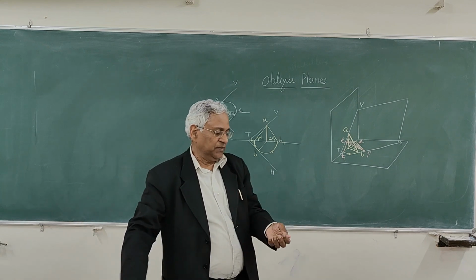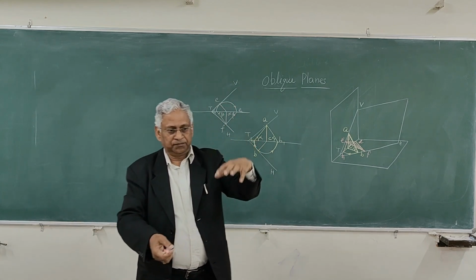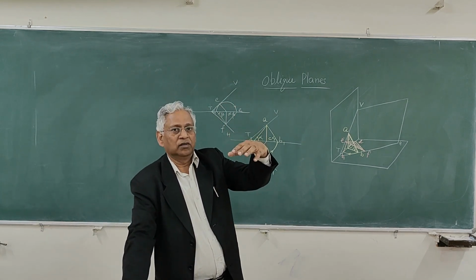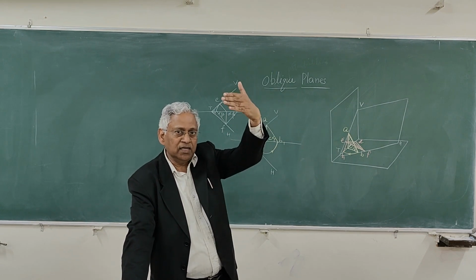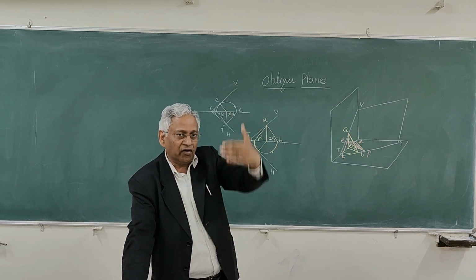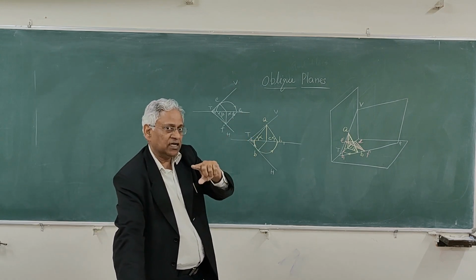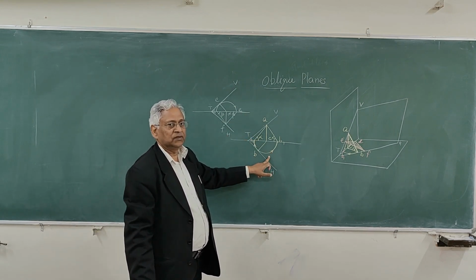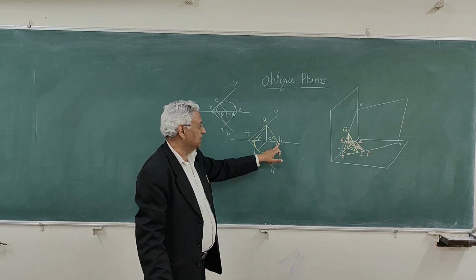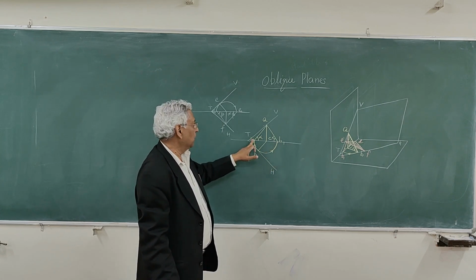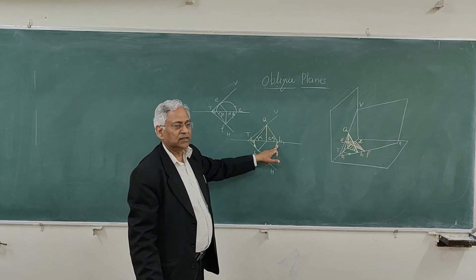Now, consider a cone which is cut vertically in two parts, a half cone, and place it in the horizontal plane. In the horizontal plane you see a half circle, and in the vertical plane you see a triangle.